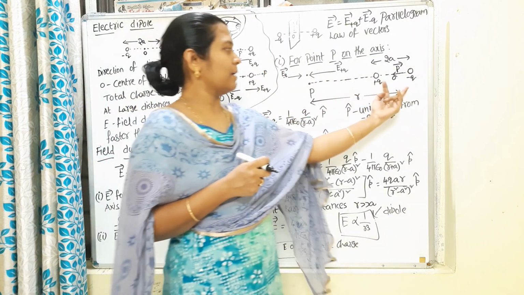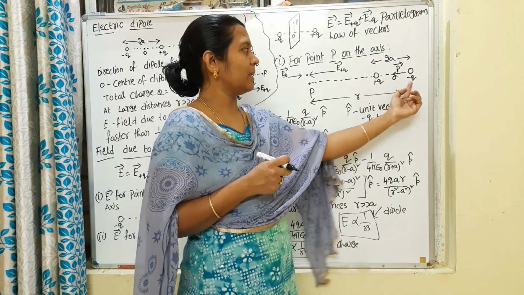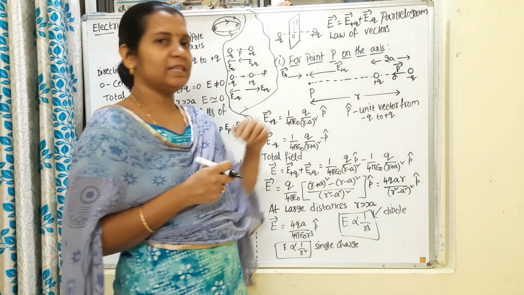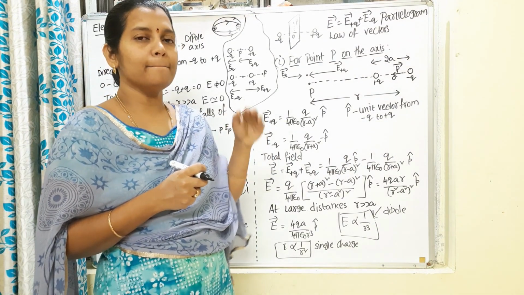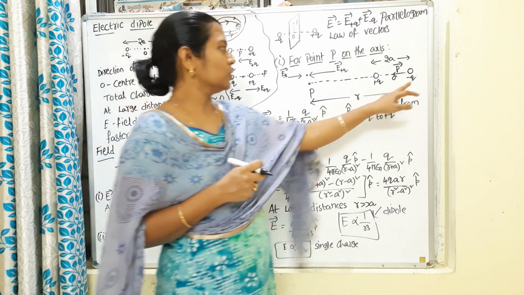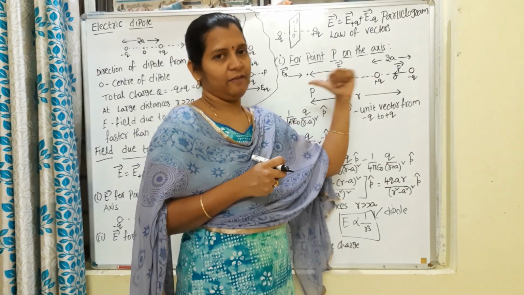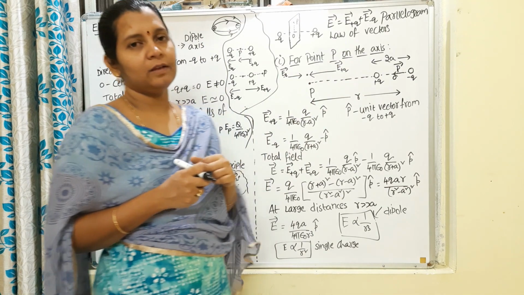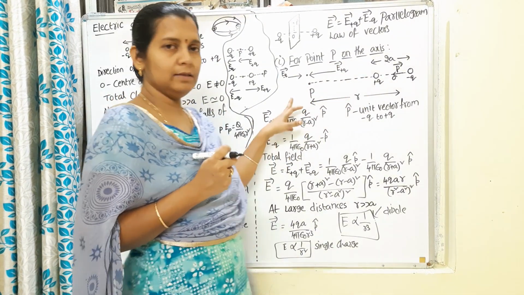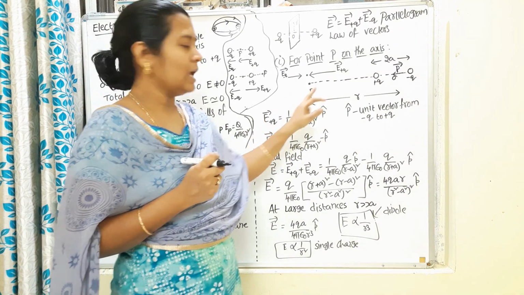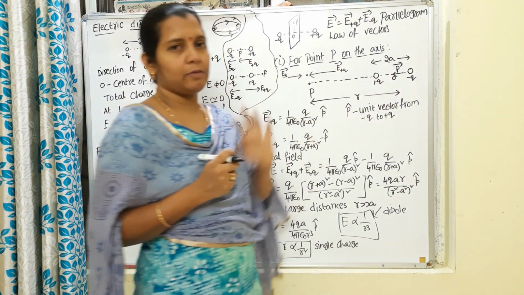Here this is a dipole, minus Q and plus Q, and we said the direction of a dipole is from minus Q to plus Q. So here it is pointing to the left side. Right. So we consider a point P on the axis which is at a distance R from the center of the dipole.